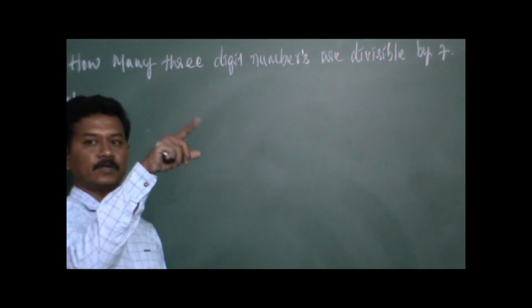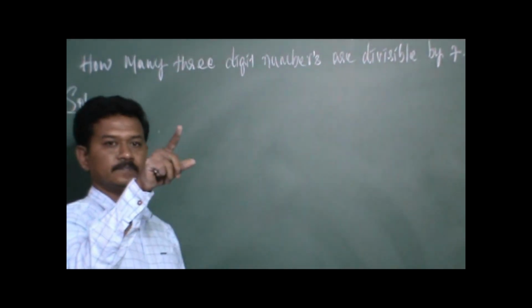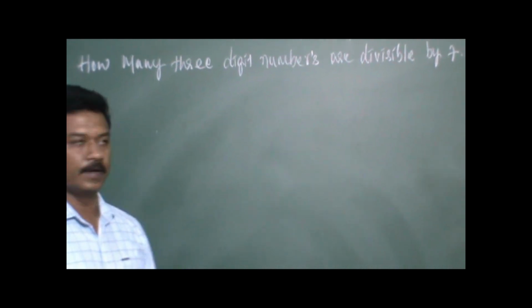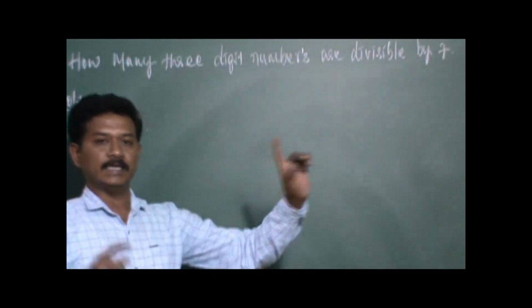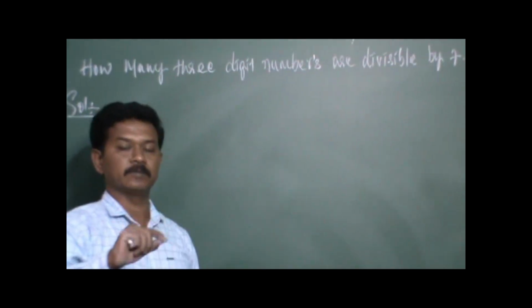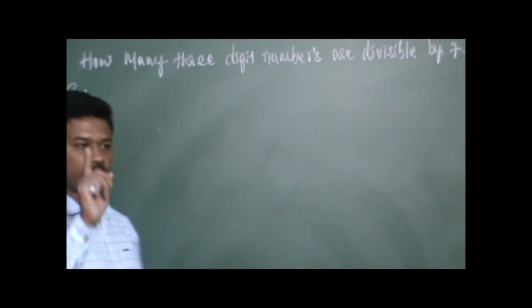So 7 ones are 7, for 10 it comes to 3 remainder, 7 5s are 35, so remainder is 0. So starting from 100 to 999, the first term which is divisible by 7 is 105.